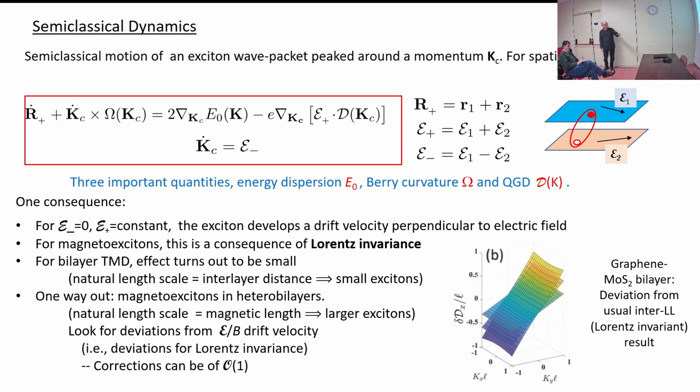And so if you look for the drift velocity in this kind of geometry, if you look for the drift velocity by applying an electric field, what you're really looking for now is deviations from Lorentz invariance. You're looking for how far this velocity differs from what it would be without the Berry curvature and without the intrinsic quantum geometry of the system.